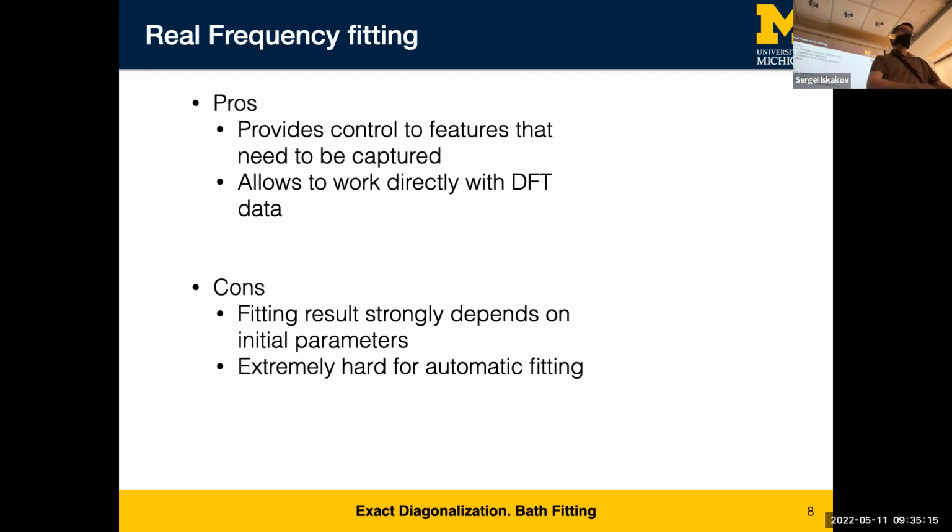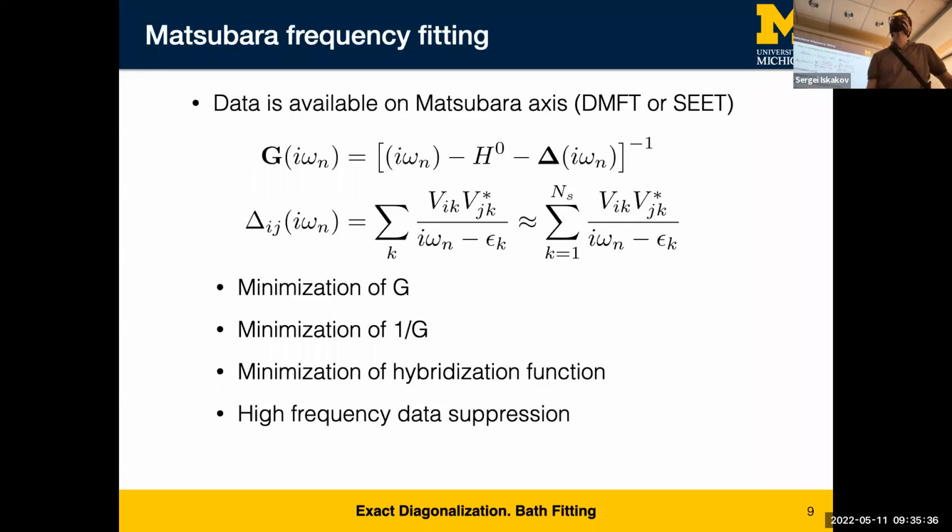That's why it's really hard to make it automatic. For example, if you want to do a DMFT loop, the fitting in real frequency is usually horrible in this application. That's why in our set we never use that, because we have the Matsubara data, and Matsubara data actually has much better fitting options. In Matsubara frequency you have a similar problem.